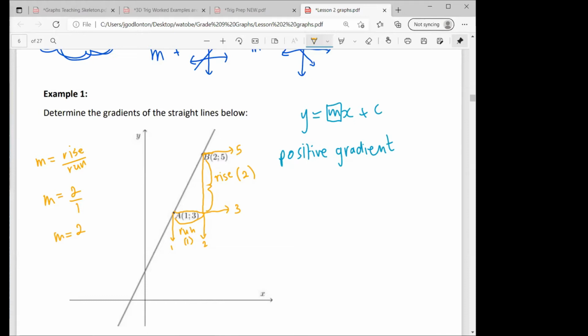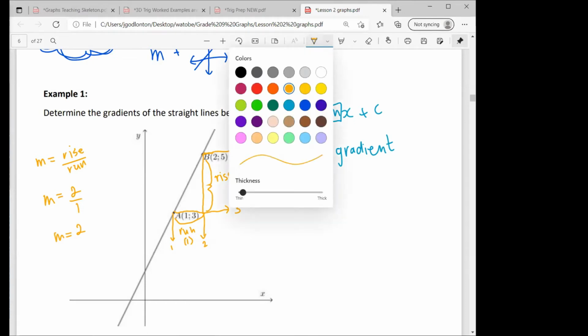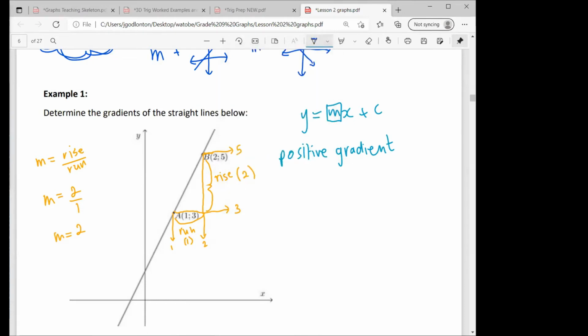Now, the way which you're going to use mostly in high school is just with the formula. And some people make mistakes with the formula. So we're going to go through a couple of steps to make sure you don't make those mistakes. The first thing I want you to do is label the coordinates. So I'm getting rid of my triangle.